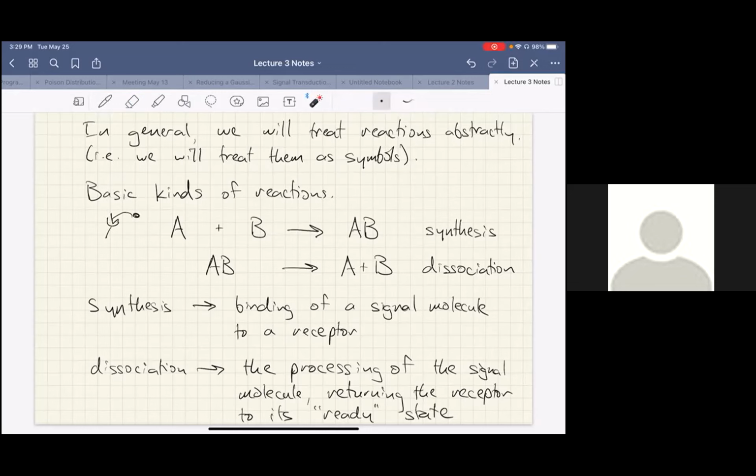We're going to call it compound AB. So this is the signal molecule A. This is the receptor B. When they come together, we're going to call that AB.